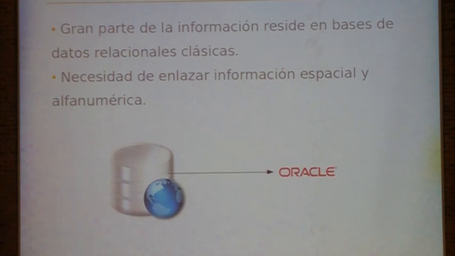Another issue that has to be considered when we are speaking about spatial information is that a great part of the information is in databases, and you have to connect the existing information with the spatial information if you want to add value to the analysis.